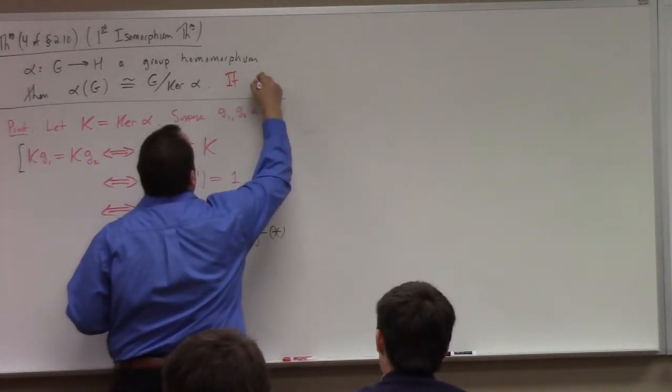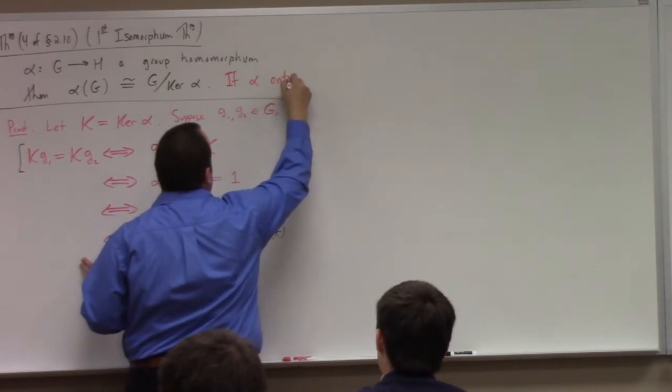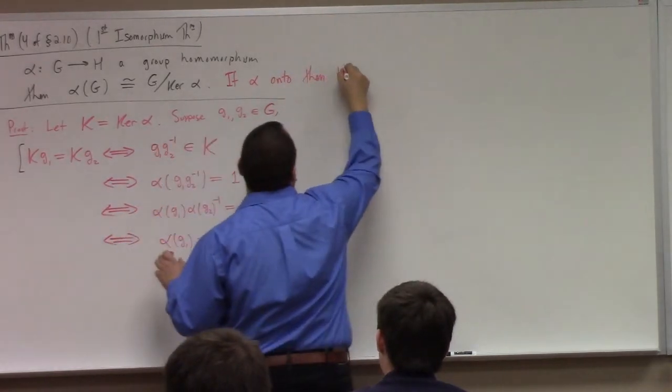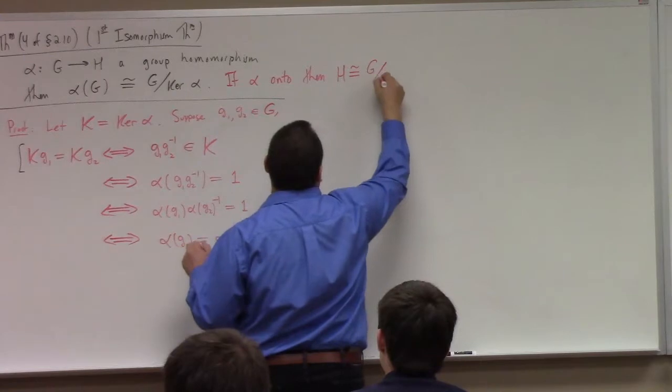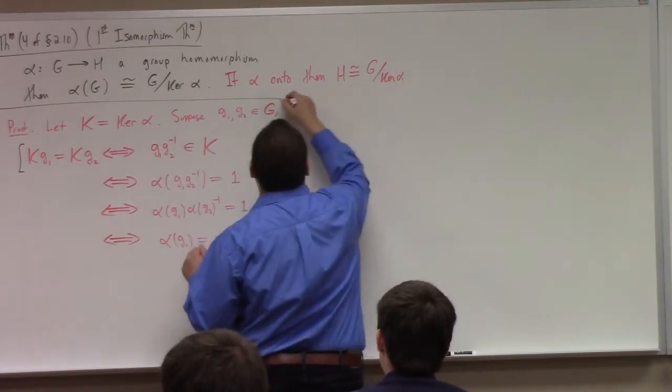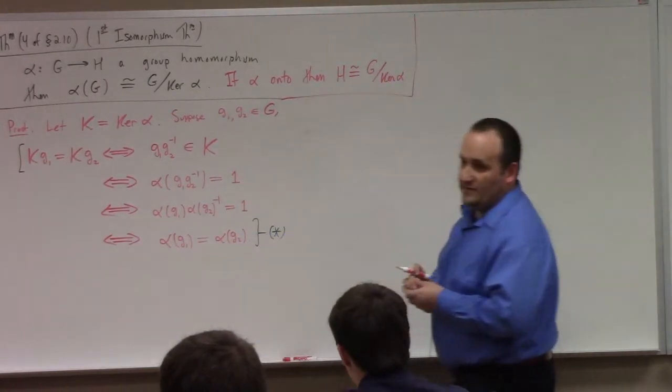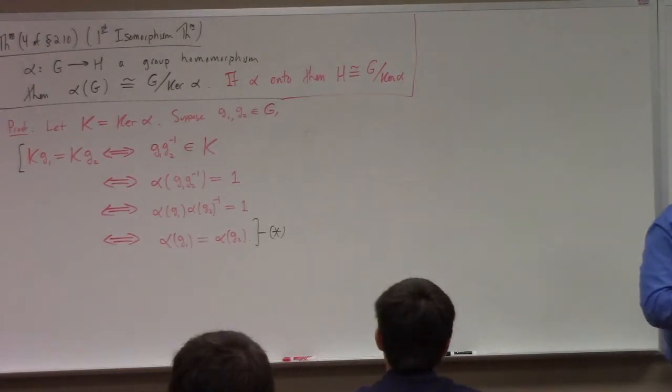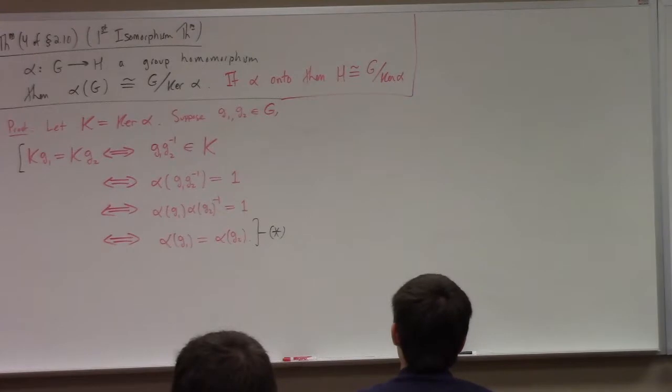If alpha is onto, then H is isomorphic to G mod the kernel of alpha. But we do not assume that alpha is a surjection in this theorem, which is why the isomorphism is not to H, but to the image.